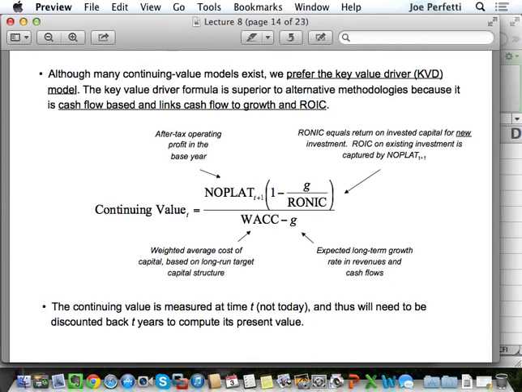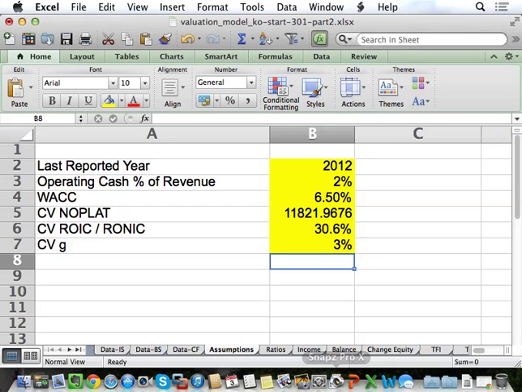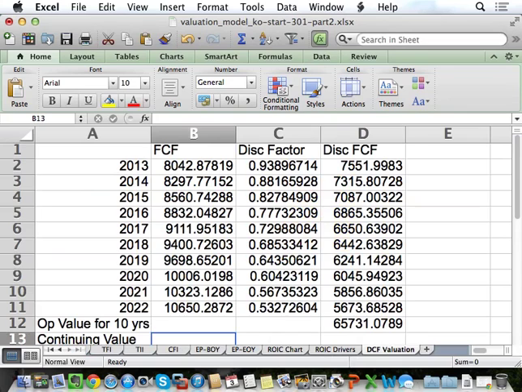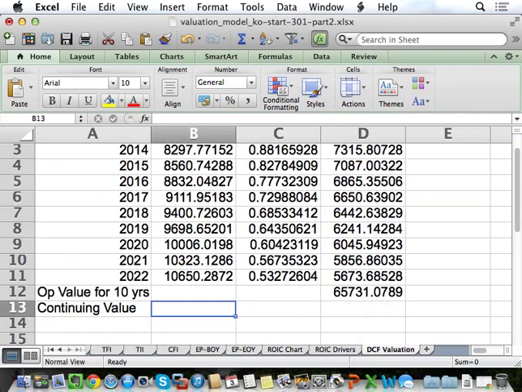So now what I need to do is put this equation in our model. So back to the DCF valuation for the continuing value equals left paren.